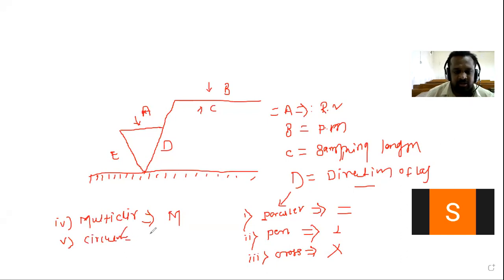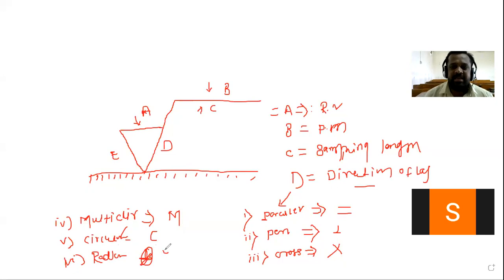C. Yes, C. Okay, then radial. Okay, this is the radial.